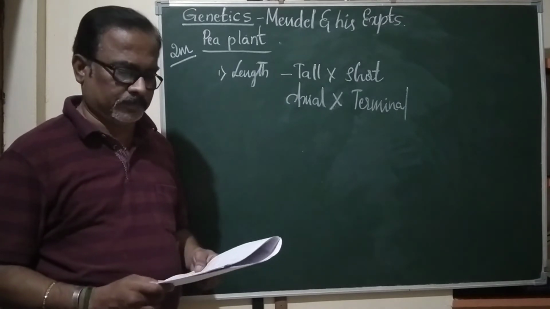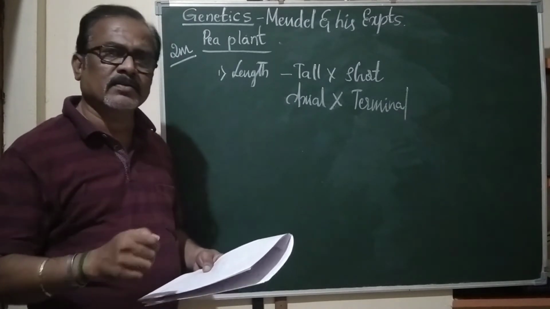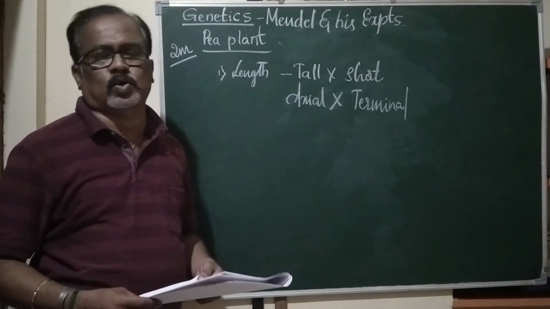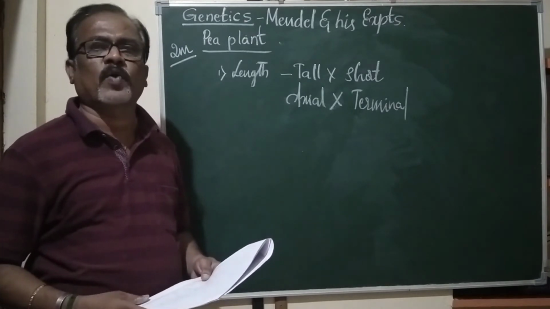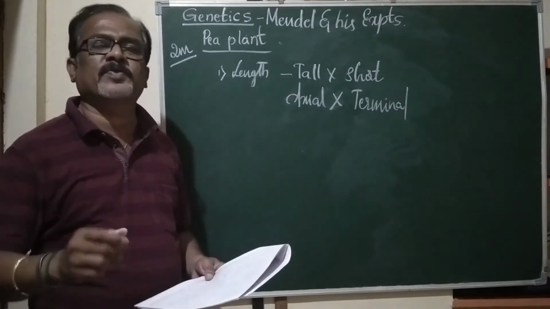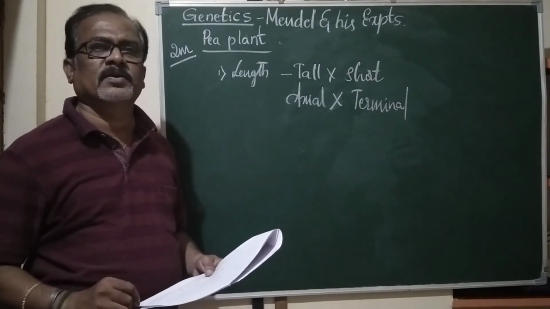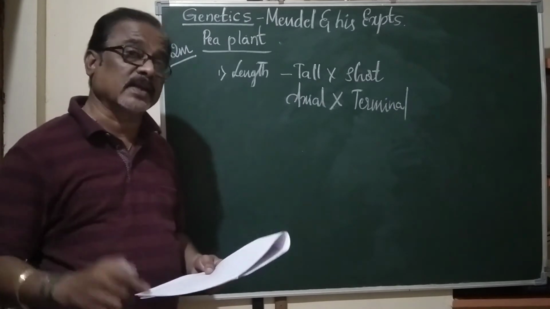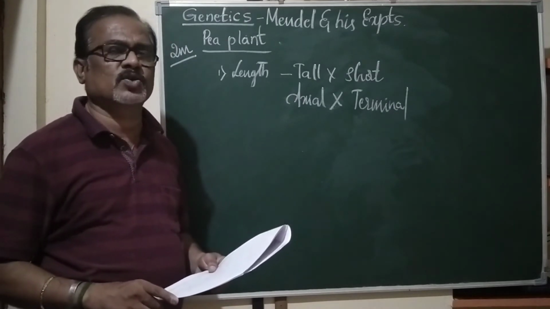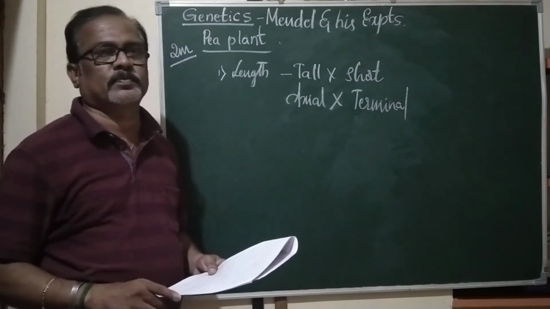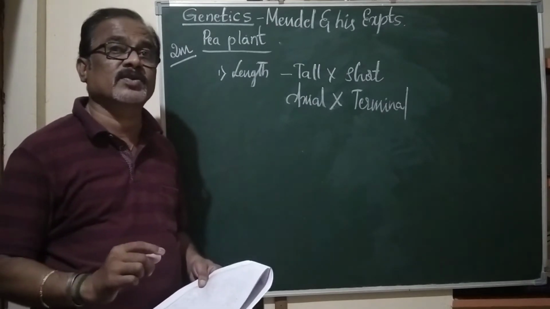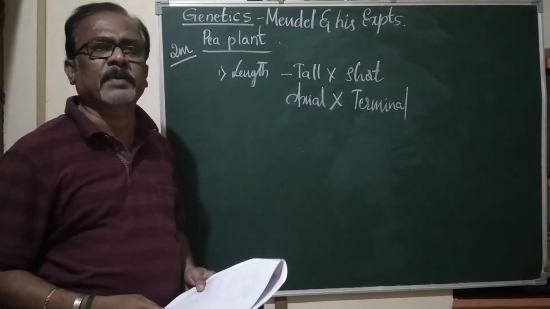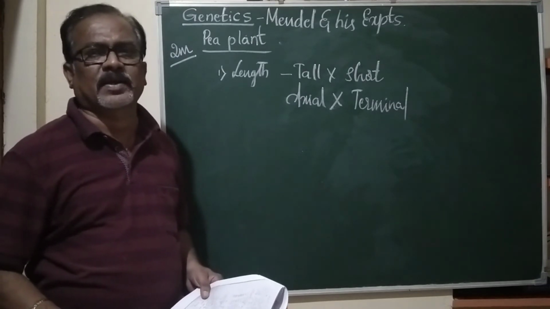Then pod color, dominant is green, recessive is yellow. Then color of seed coat, gray is dominant, white is recessive. Shape of the seed, round is dominant, wrinkled is recessive. And color of the seed, yellow is dominant, green is recessive. Like that, he recognized 7 pairs of contrasting characters in garden pea plant, Pisum sativum.